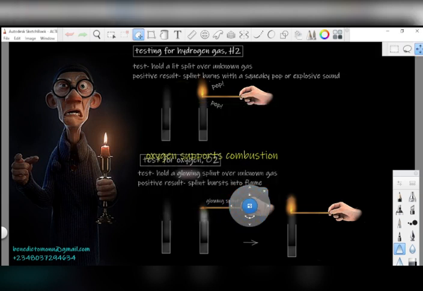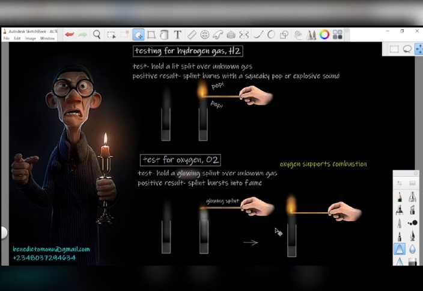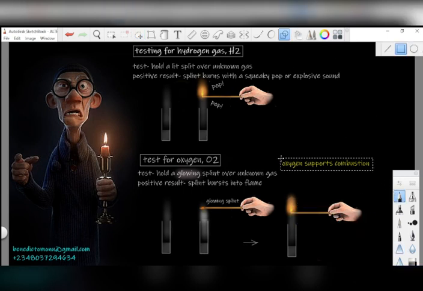So oxygen supports the combustion of a fuel, which is in this case the piece of wood. So when I have something in a box like this, it's a point you don't want to just throw away. So that's the test for oxygen. It bursts into a flame, else it is not oxygen. If it does any other thing that is outside of bursting into a flame, then that gas is not oxygen.